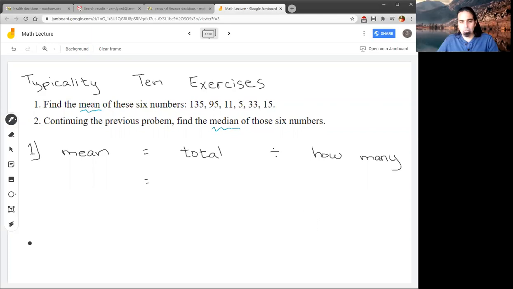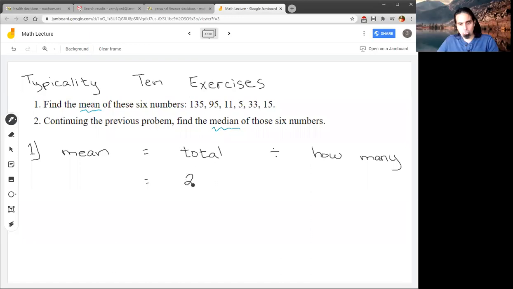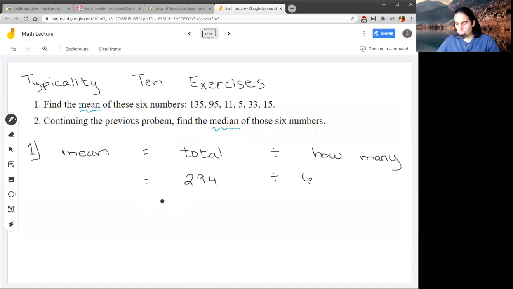I'm just adding up the 6 numbers, so there's no rounding. Oh, okay. 294. That's what I got too. And how many are there? There's 6. So 294 divided by 6 is 49.